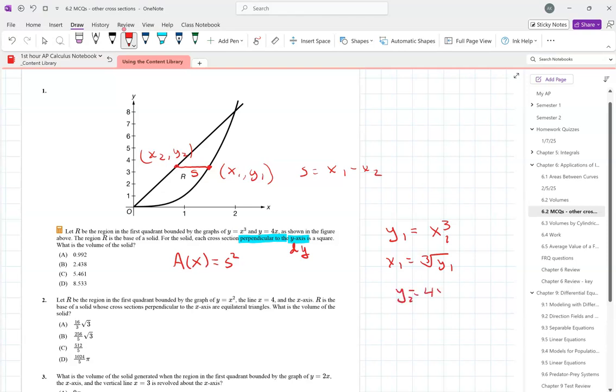And y2 would be equal to 4x2. So if I just divide by 4, x2 is y2 over 4. So my s should be the cube root of y minus y over 4. Does everybody feel okay there?